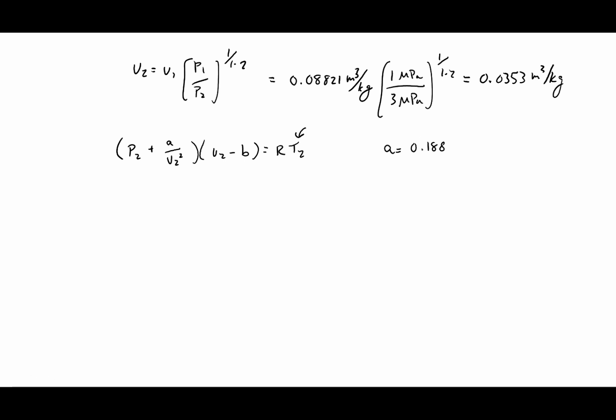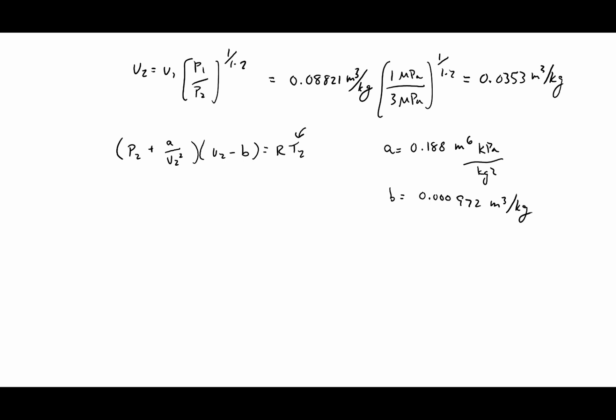So A was equal to 0.188 meters to the sixth kilopascal per kilogram squared, and B was equal to 0.000972 meters cubed per kilogram.